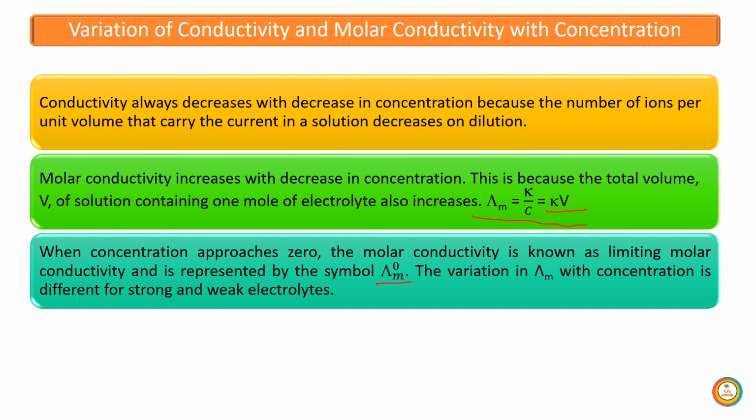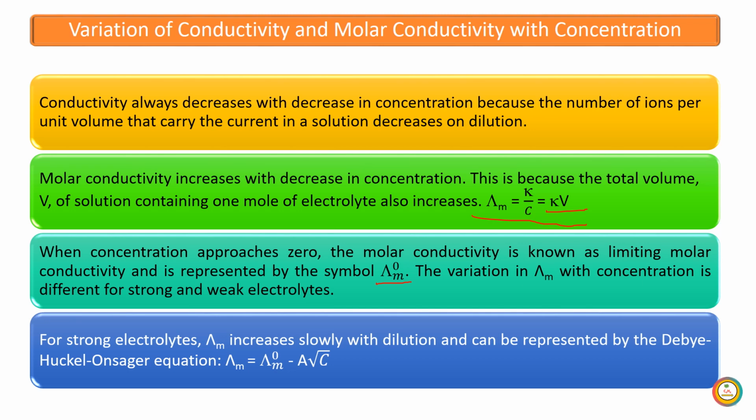The variation in lambda m with concentration is different for strong and weak electrolytes. For strong electrolytes, lambda m increases slowly with dilution and can be represented by an equation. That equation is known as the Debye-Huckel-Onsager equation, and the equation is lambda m is equal to lambda m0 minus A under root c.